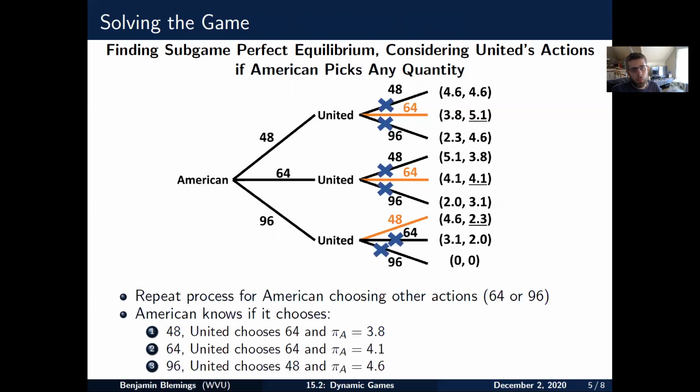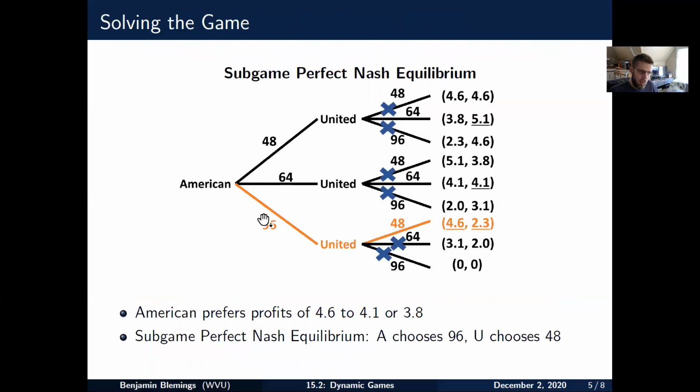And so what I need to do is decide which one of those is the best for American. And so we look and we see that 48-64, American gets 3.8, 64-64, American gets 4.1, or 96-48, American gets 4.6. And so American chooses 96, United chooses 48, and the payoffs are 4.6 and 2.3.